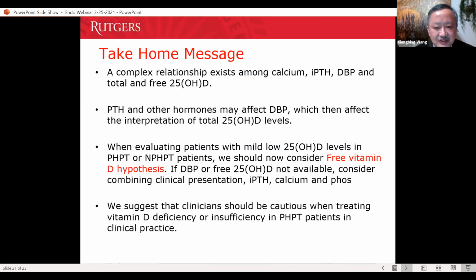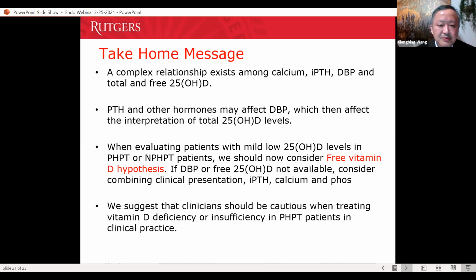Take home message for endocrinologists in clinical practice: it's a really complex relationship between calcium, PTH, total vitamin D, and free vitamin D. PTH and other hormones may regulate D binding protein synthesized in the liver.